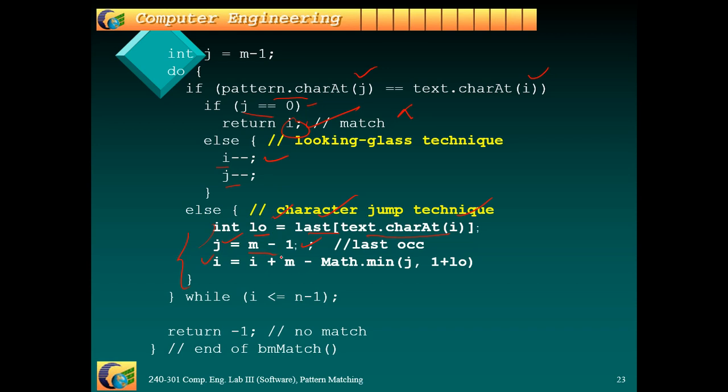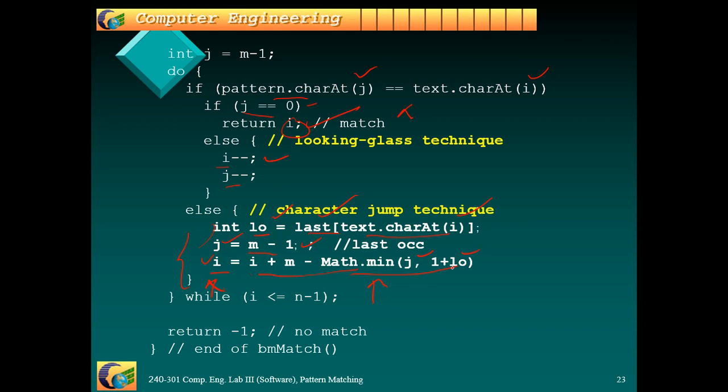So it has to start with m minus 1 anyway. But i is where you are going to have a kind of logic to be applied, because adopting all these three cases, all these three cases are going to be solved with this particular formula. See, what we are doing is we are taking j and 1 plus lo, the last occurrence value from the table, right?